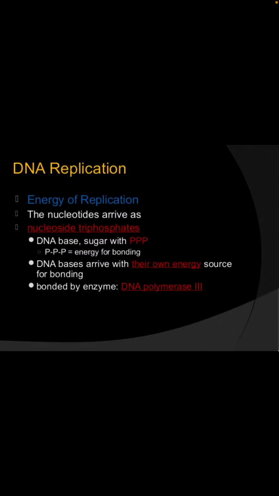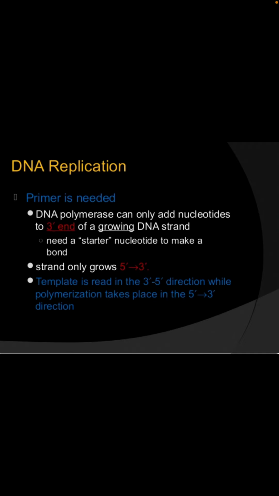daughter strand. Strands can only grow in the 5' to 3' direction, and the template is read in the 3' to 5' direction while polymerization takes place in the 5' to 3' direction. As you all must have an idea about the Okazaki fragments, the leading strand and the lagging strand, this is the initiation of the formation of those strands.